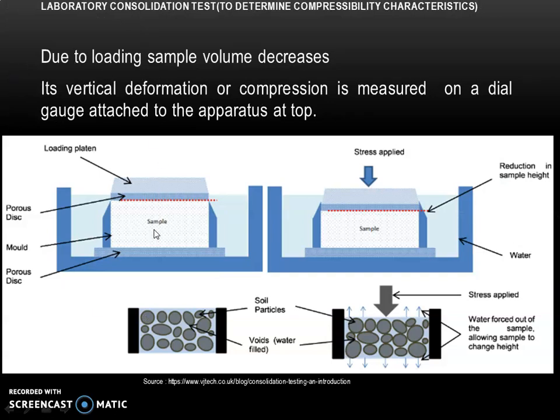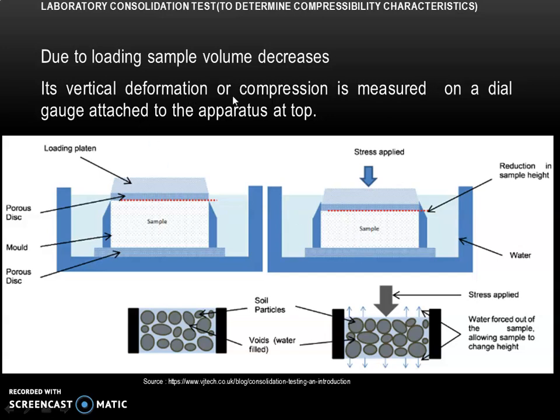Due to loading, the sample volume decreases. Here these dotted lines represent the initial level of the soil sample before loading, and after the stress is applied, there will be change in height of the soil sample, that is, there will be reduction in its height.